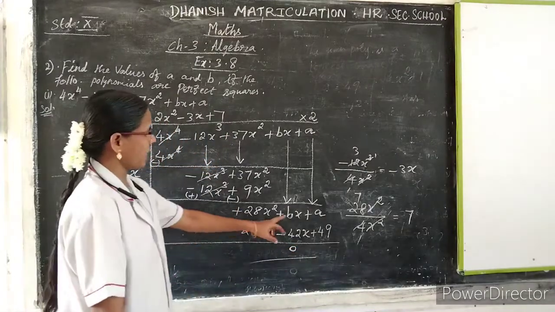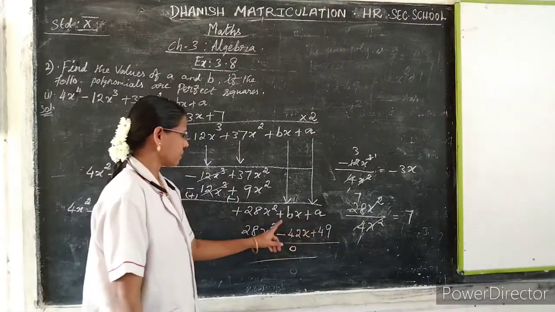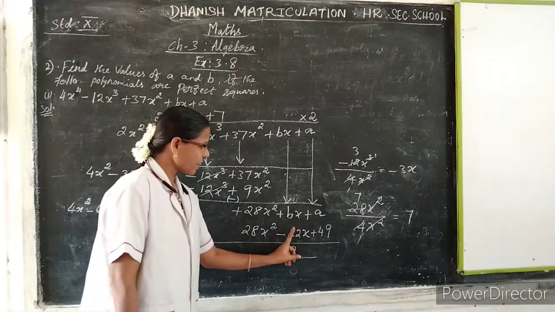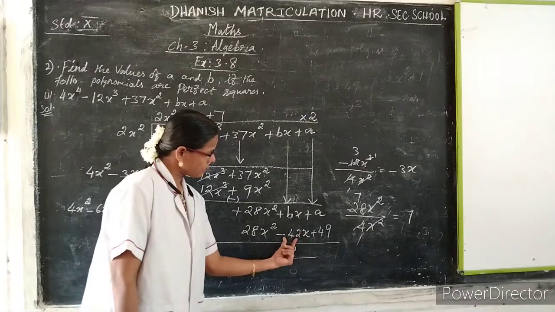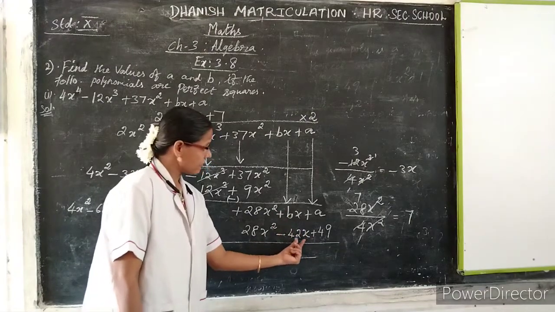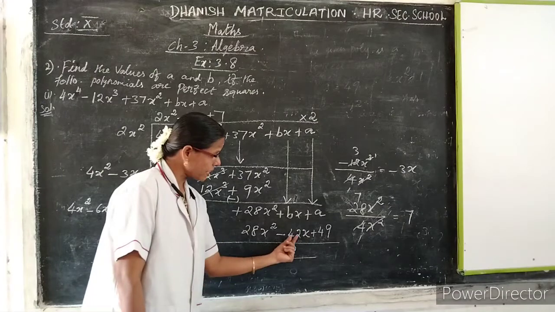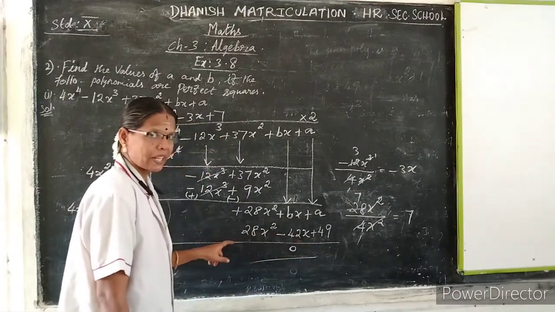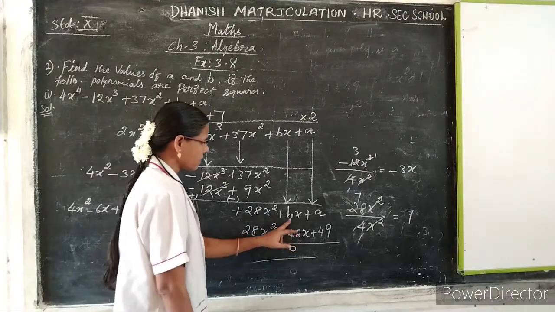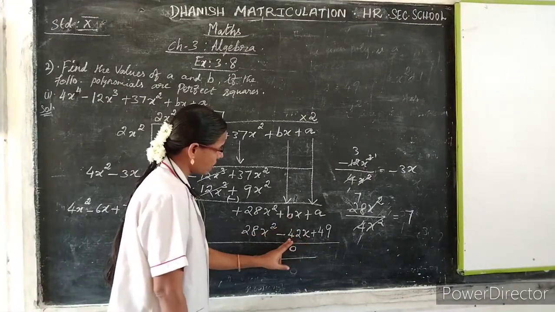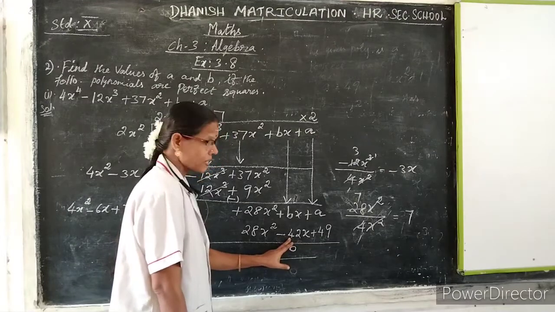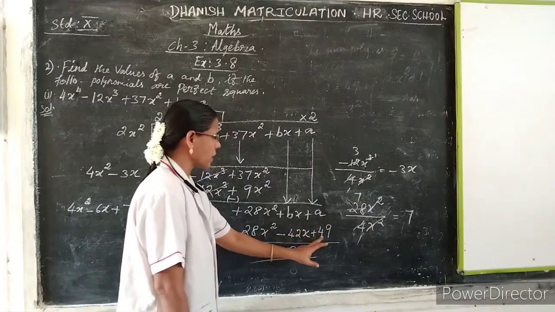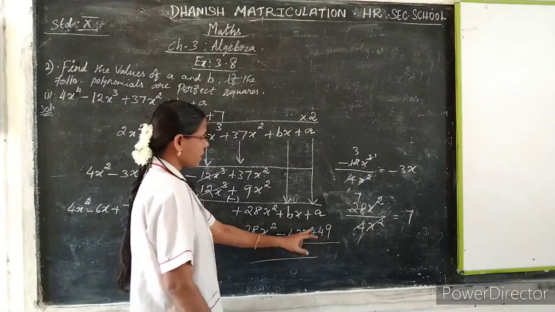Find the values of a and b, only our question. The coefficient of x is b. Therefore here the coefficient of x is the answer for b. So the coefficient of x is -42. Don't change the sign of this polynomial here. Here the constant term is a. In this polynomial, the constant term is 49.